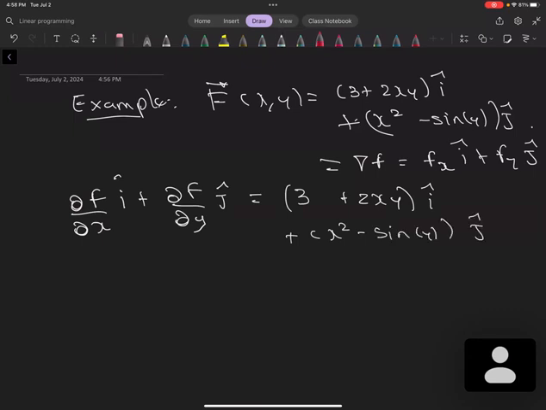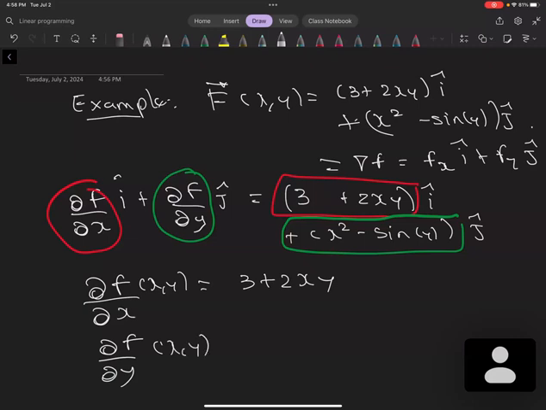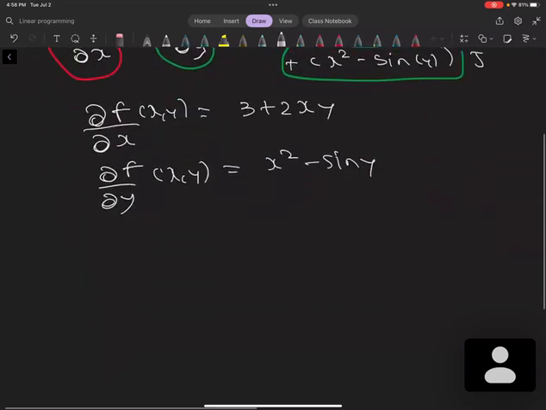So from here you deduce this component has to be equal to this one, and this one has to be equal to this one. So we got the derivative of f with respect to x is 3 plus 2xy, and the derivative of f with respect to y is x squared minus sine y, right? Either way we can build the function.